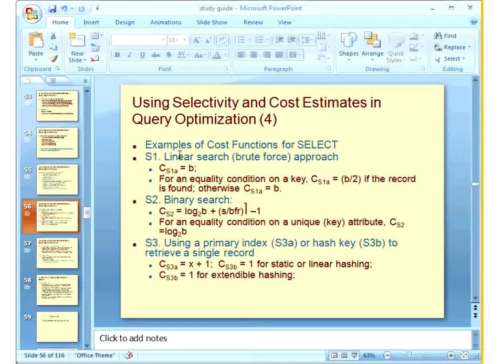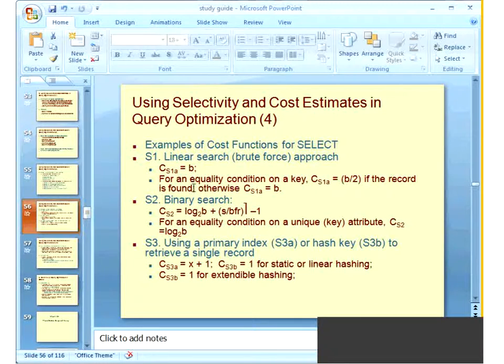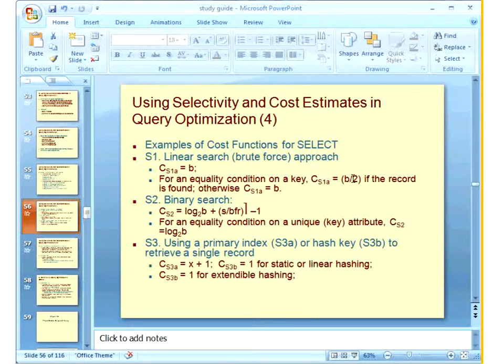But here I'm saying that if you are searching for a record on the disk linearly using the linear search algorithm, then if the record is found, on average it will take B/2 blocks. So you will explore half of the records. And if it is not found, then you will explore all of them, so the cost will be higher. For binary search, in chapter 17, for the calculation we take the logarithm, log base 2, of the number of blocks.